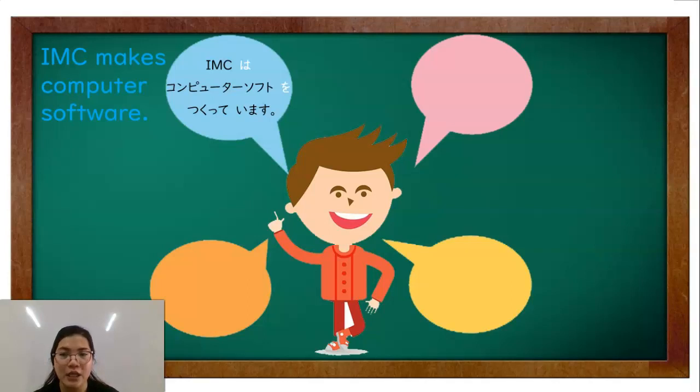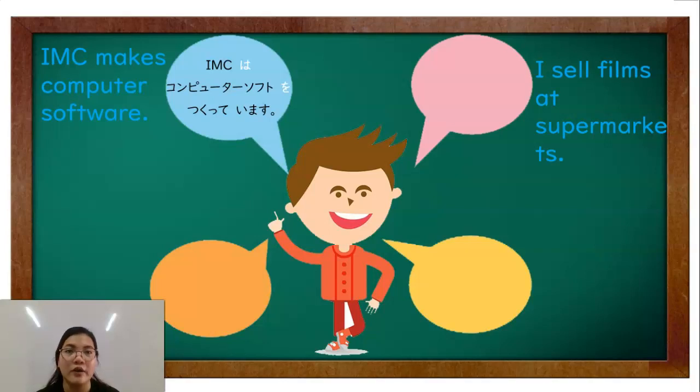So the company is still making the computer software every day, so you use verb te imasu. Another. I sell films at supermarkets. Okay, selling is a kind of word that you do mostly every day.